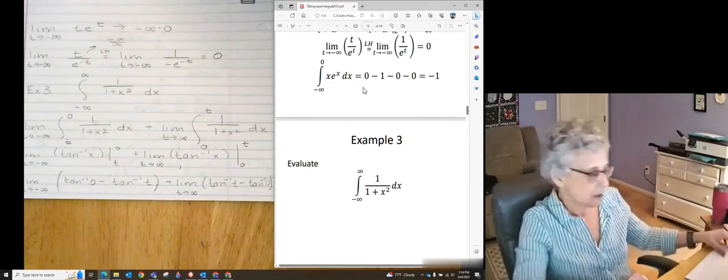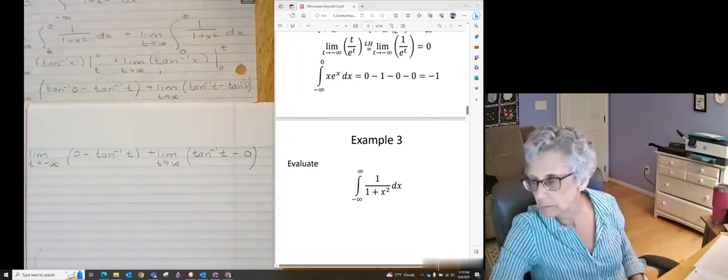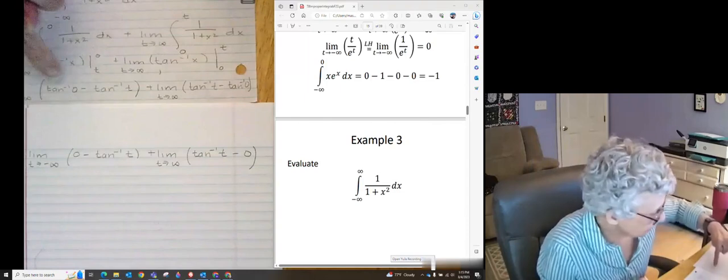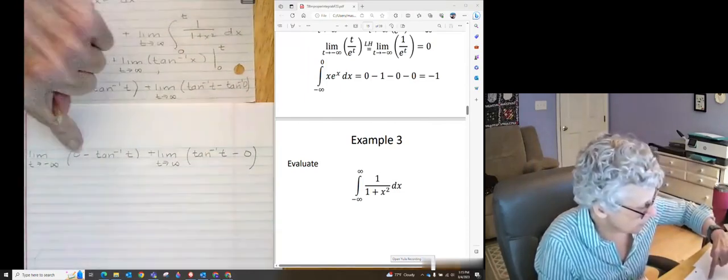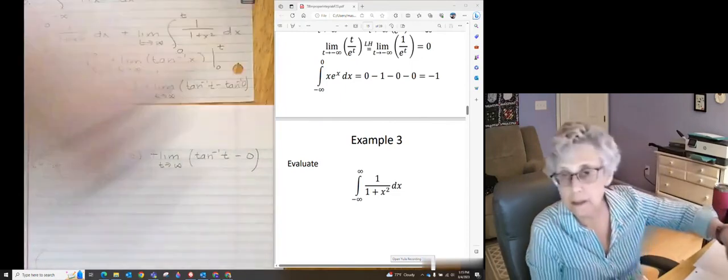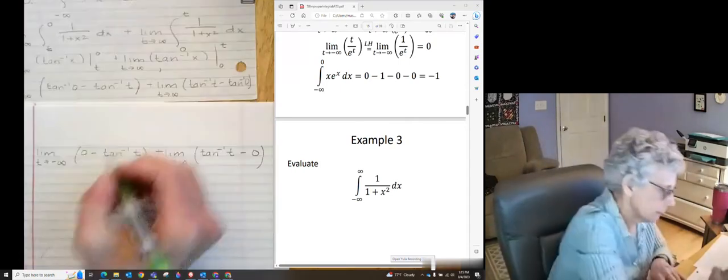Again, I need to go to another sheet of paper, so I'll take a second and write it down. All I've done so far is to plug in. Inverse tangent of 0 is 0, inverse tangent of 0 is still 0. Now, what does inverse tangent look like?